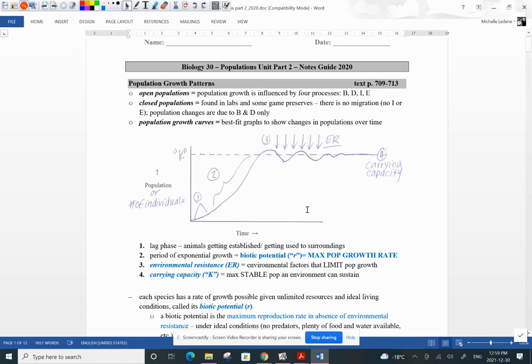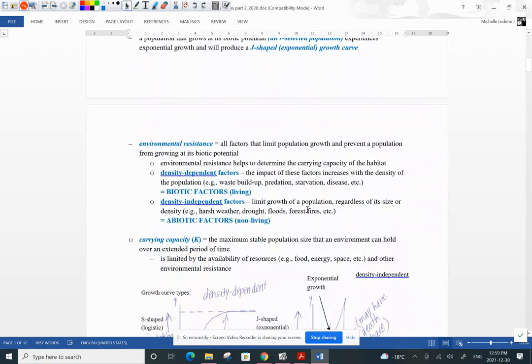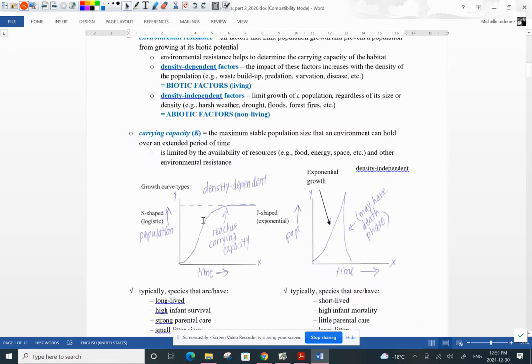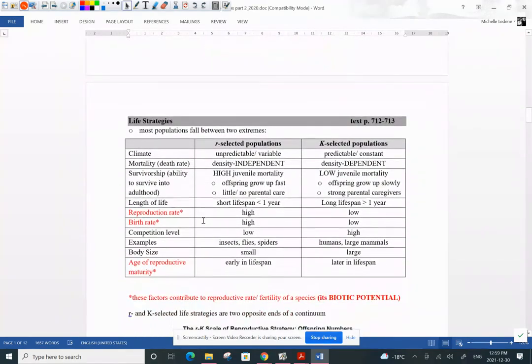What are the different parts of the curve? What is biotic potential? We've been through all this. We talked about the different types of environmental resistance. Are they density dependent like biotic or density independent like abiotic? And then we spent a fair amount of time talking about the different life strategies, whether organisms are R selected or K selected.